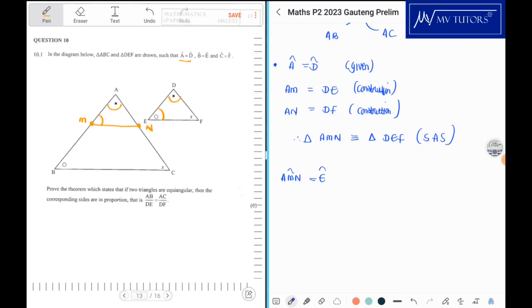And we can also show the triangle N, all right, we can say AN. No, let's remove that cap over there. So ANM, so angle N is actually equal to angle F, all right?